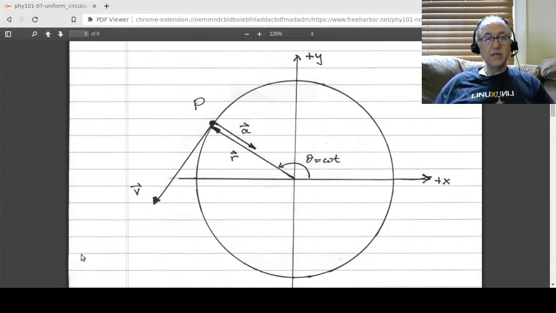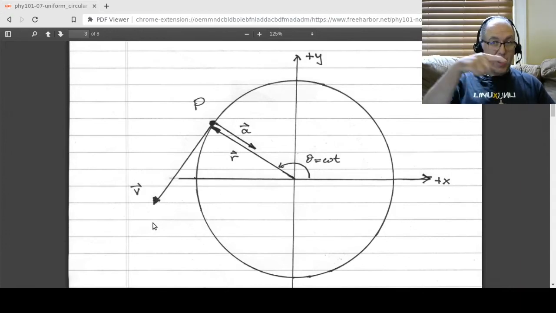So the velocity is always tangential to the outside. Or, I wouldn't recommend that you do this for obvious reasons, you're on the outside of a merry-go-round, and you jump off the merry-go-round. Which way are you going to go? You're going to go tangential to the direction that the merry-go-round is turning. So over here, you're right there, and you jump off, you would go off in a direction like that.